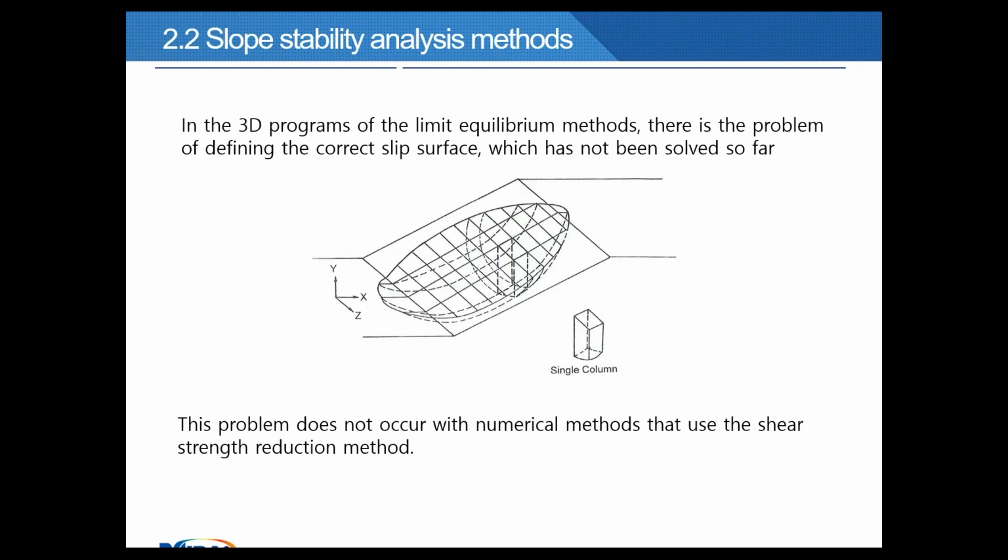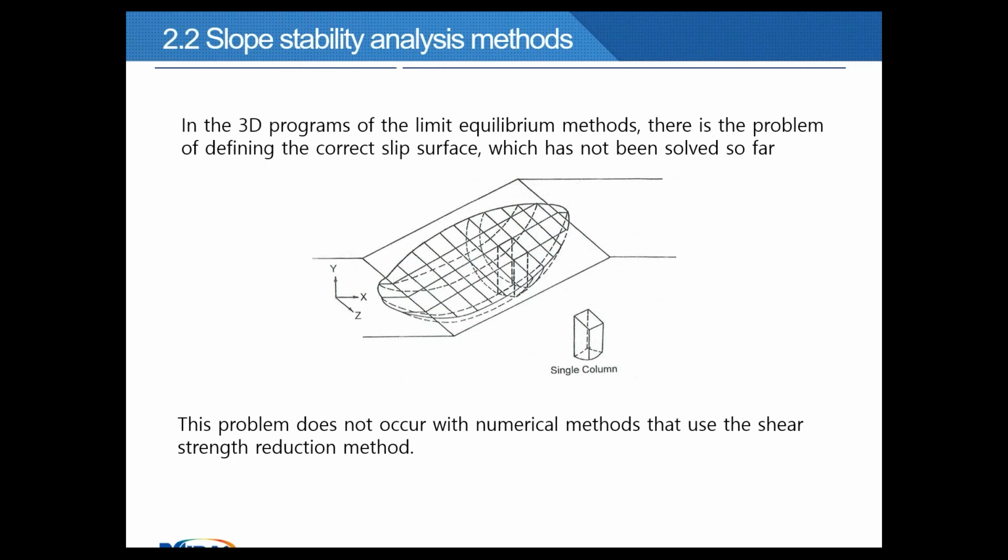In most popular programs for stability analysis, which use the limit equilibrium method, there is also a big problem with 3D models, because if we model with limit equilibrium methods, there is a problem choosing the correct slip surface.